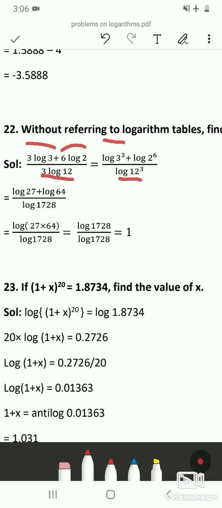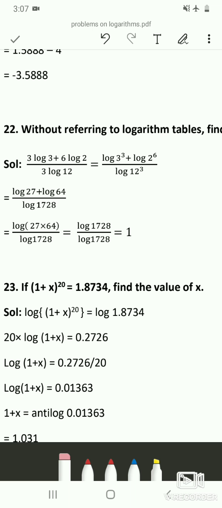So using the third law of logarithm, that is log of m raised to n can be written as n into log of m. So using that law we have rewritten the given term as log 3 cube plus log 2 raised to 6 whole divided by log 12 raised to 3, and simplify these values.